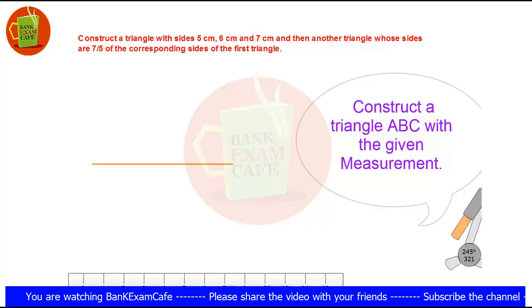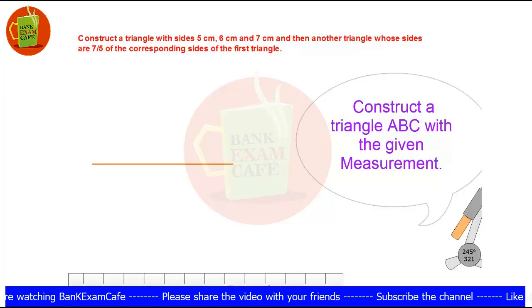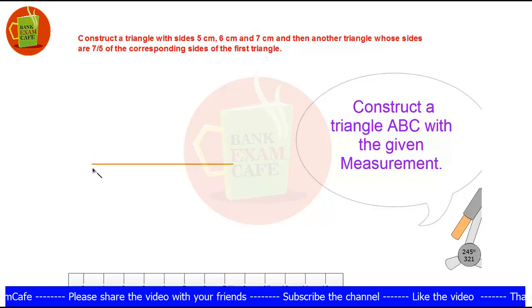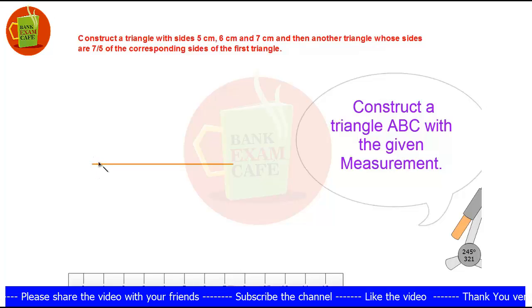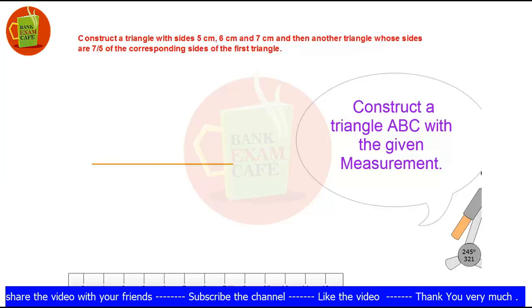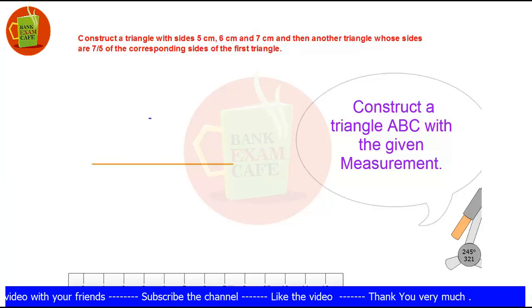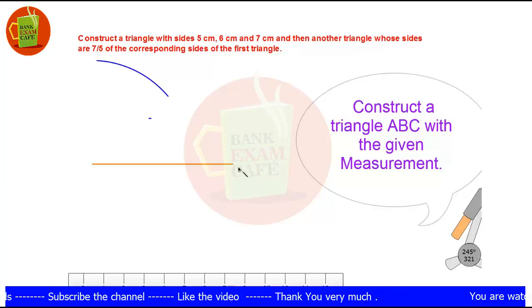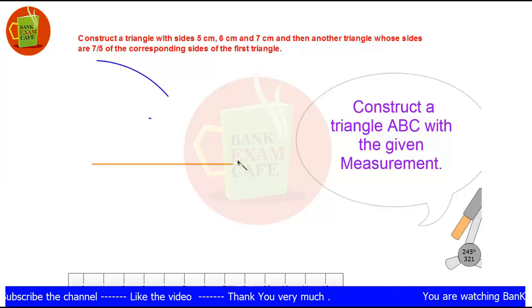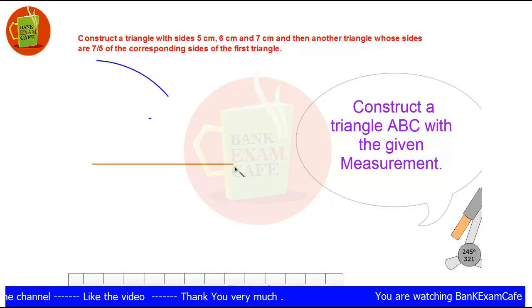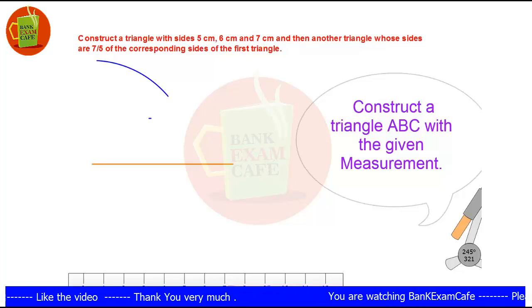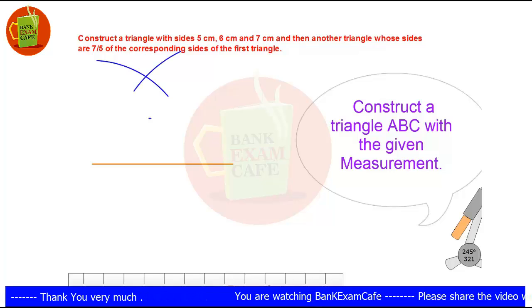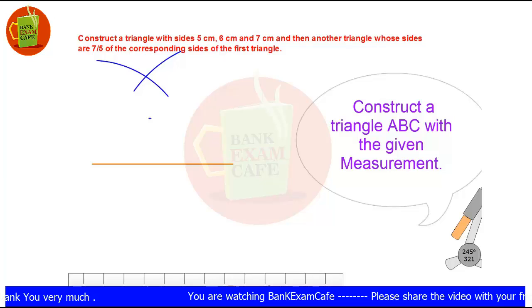a line segment of 7 centimeter, then taking one end as a center and a radius 5 centimeter, draw an arc, then taking another end of the line segment as center and a radius of 6 centimeter, draw another arc intersecting the previous one.